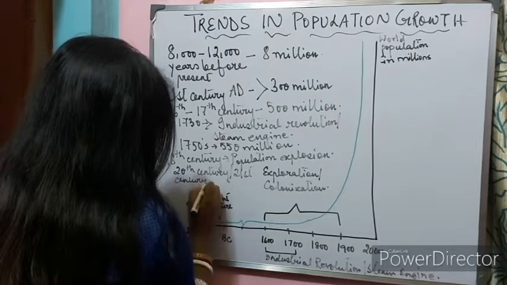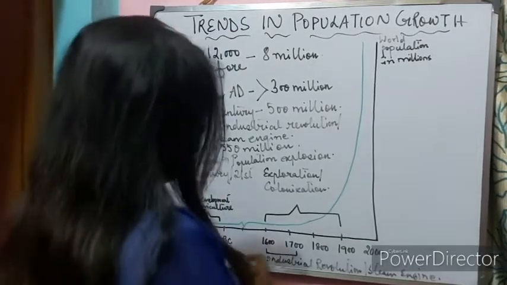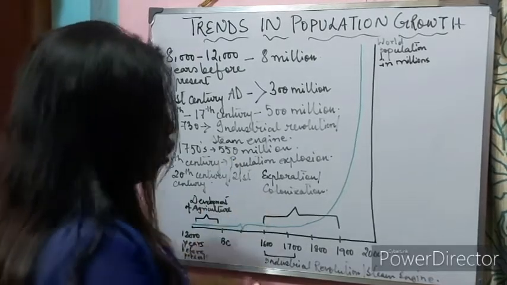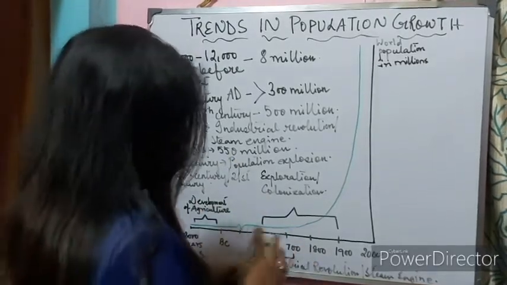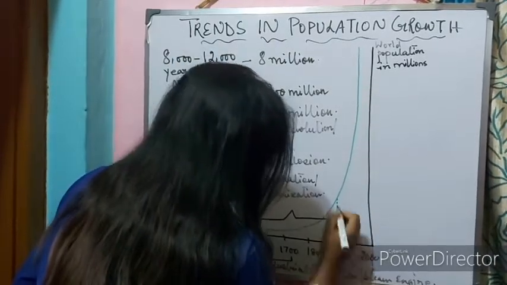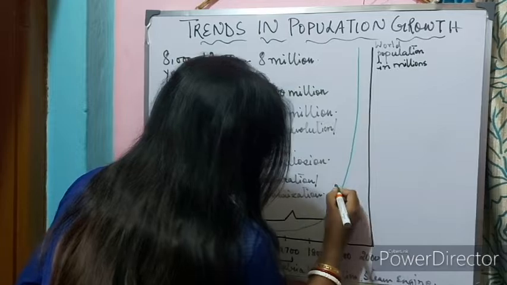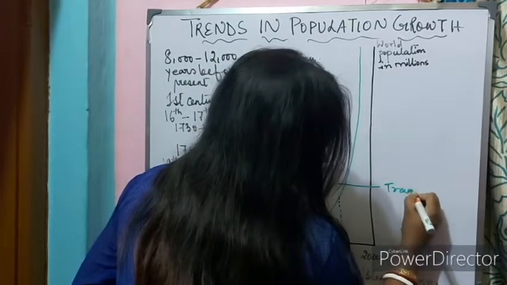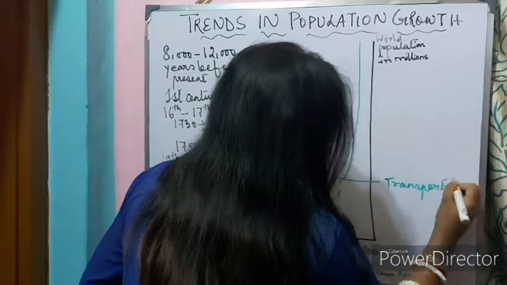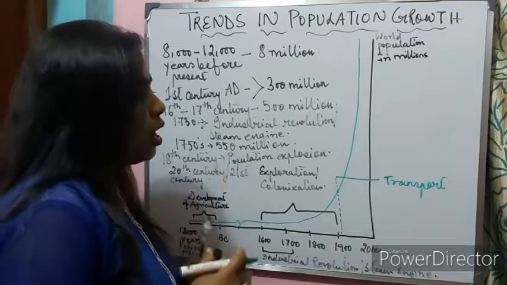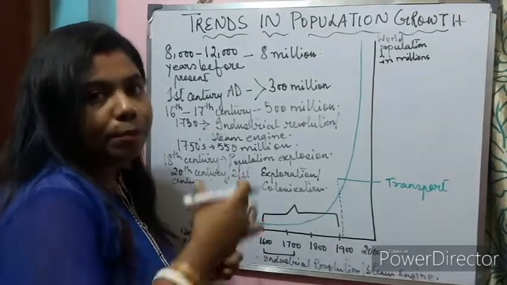Now what is happening? With the industrial revolution and colonization, there was an increase in and development of transport. The transportation network developed, and railways expanded for movement of goods from one place to another.